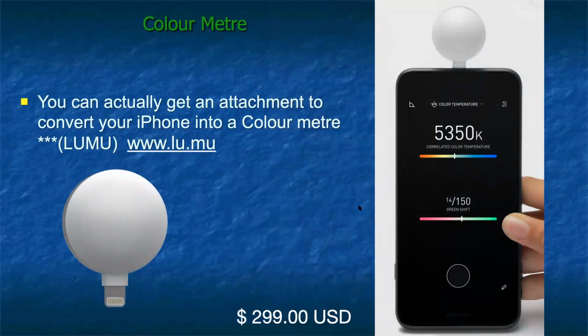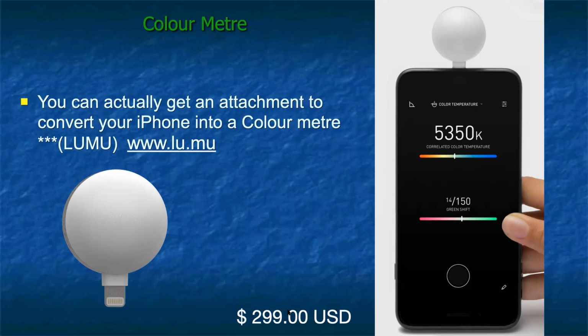Now, if you're really interested, there's a company out there with a weird name, Lumu. I don't know why it's called that. The website is www.lu.mu. I don't know what that means. And they sell this attachment now. It's only for the iPhone, and it's $300 US dollars.